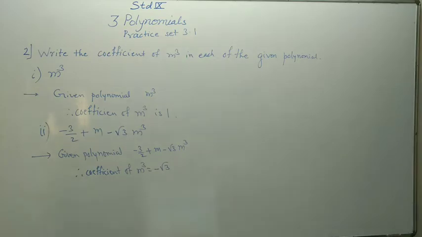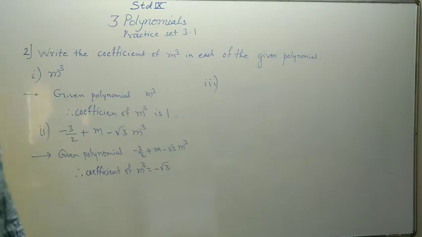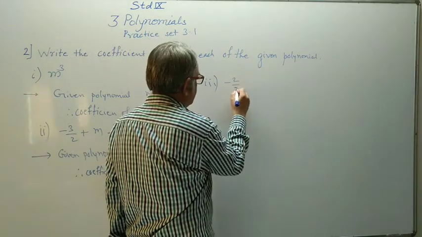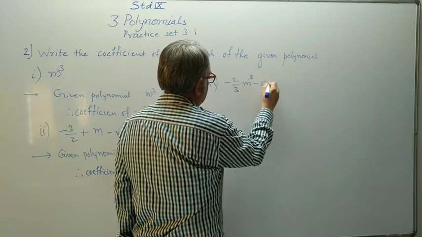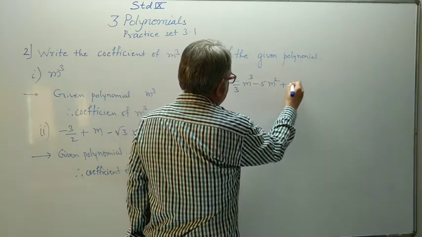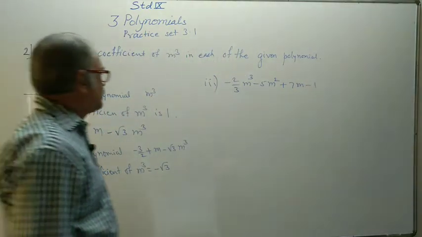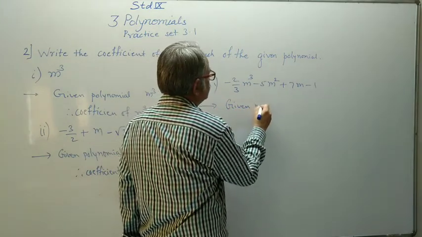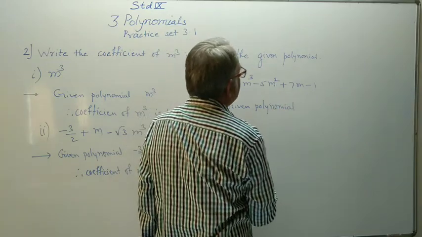The third polynomial is given: minus 2 by 3 m cube minus 5 m square plus 7m minus 1. Again write the given polynomial in the answer. Whatever I am writing in the answer, that much should be written in any examination.